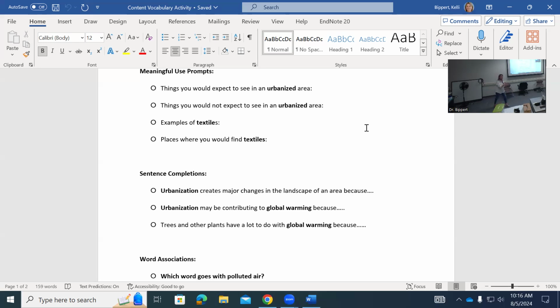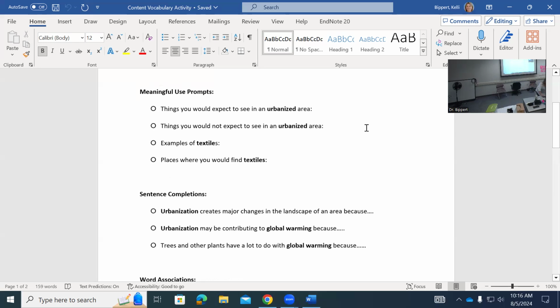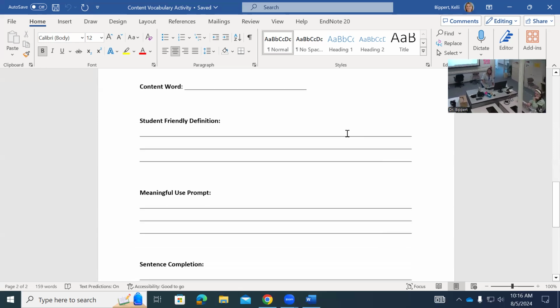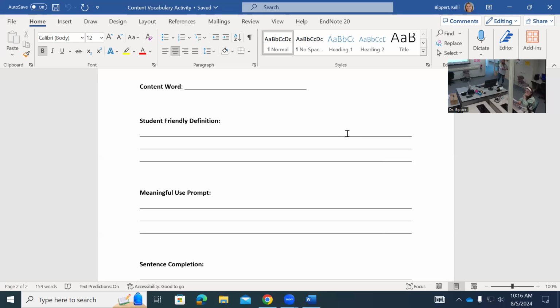So here's what I'm going to ask you guys to do, and you can work in pairs or in trios on this. If you look at the second page, you are going to decide with your partner or partners one word from a content area. So my music majors, if you want to choose a music word, you can. What's a good word for students to learn if they're taking 8th grade band or music or whatever.